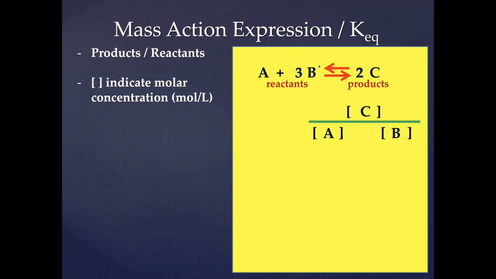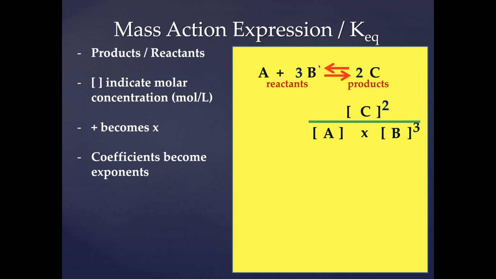But wait, there's more. The plus sign becomes a times sign. And coefficients become exponents. So 3B becomes B cubed, and 2C becomes C squared. That is a mass action expression. It represents the proportion of products to reactants.